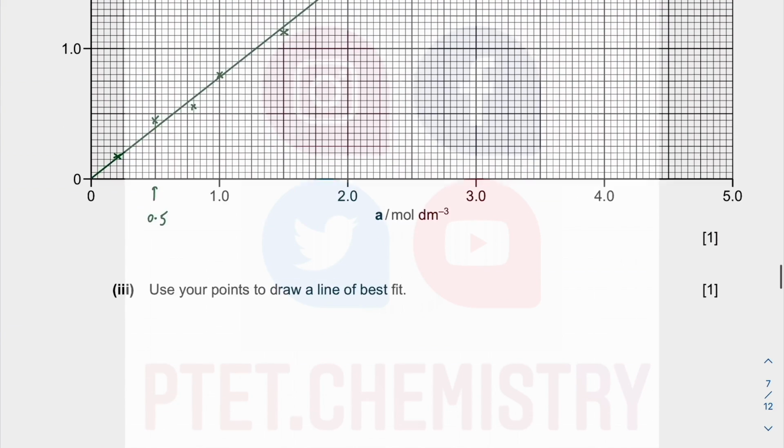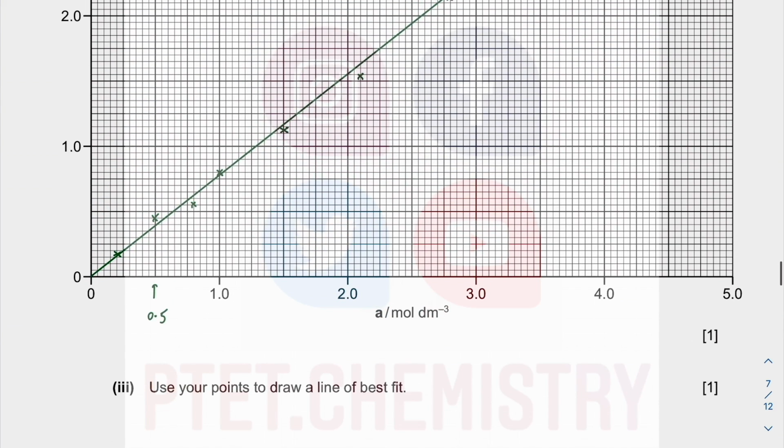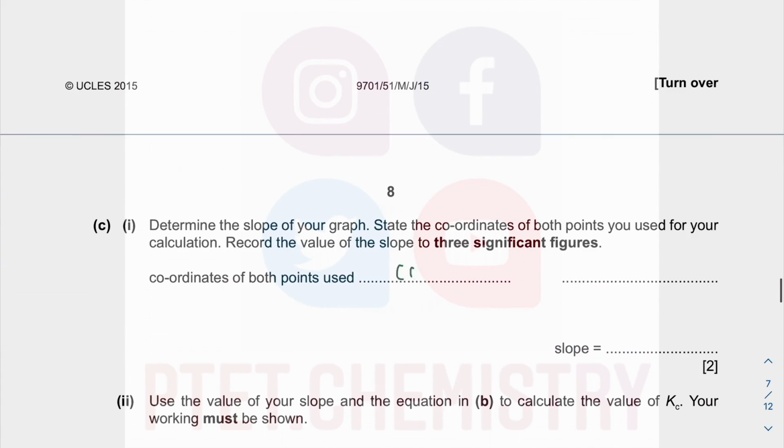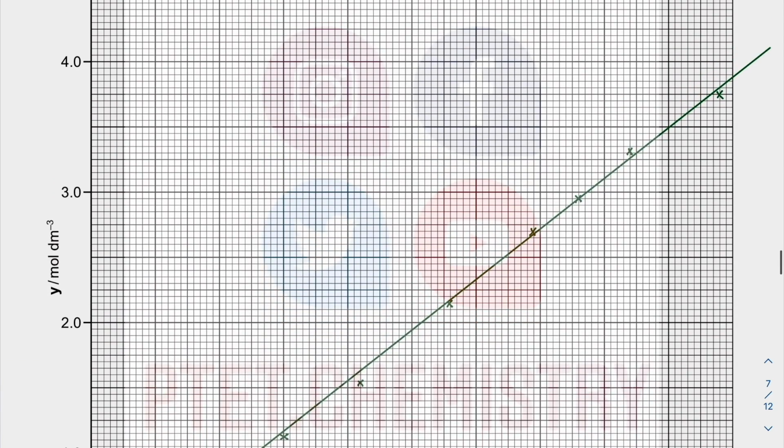If we go back to our graph, it's not necessarily a point from the table, but a point where the line passes through. Our line passes through 0, 0, so that can be my one coordinate, 0, 0. And for the second point, I'll go for something easy.